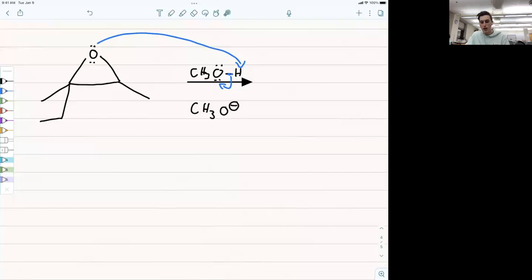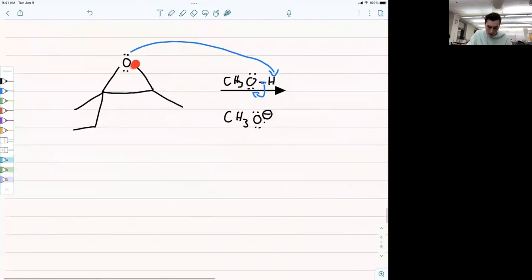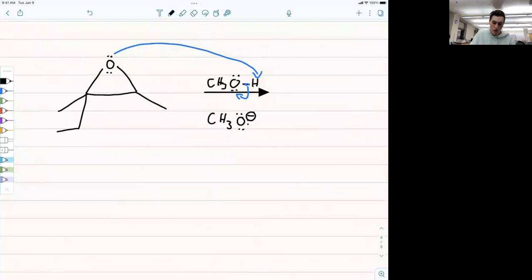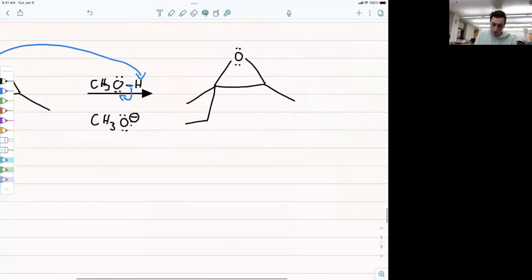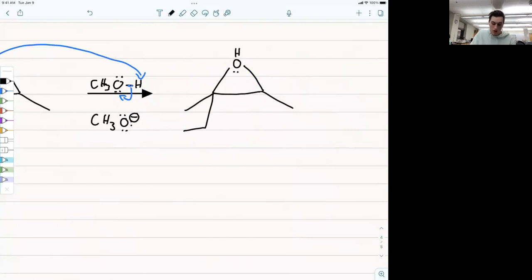We didn't have a good nucleophile for SN2 here. And now we do. This is a very good nucleophile because now we are very electron rich here. The other thing we didn't have before is a good leaving group. In this case, OH is pretty stable the way it is. So by protonating it, by moving this oxygen over here, I'm actually making a good leaving group as well. So what I'll be left with in this case is this structure, but I will now have my hydrogen on it. And now I won't have that extra pair of lone pairs.